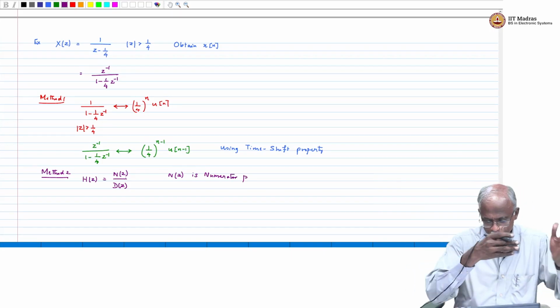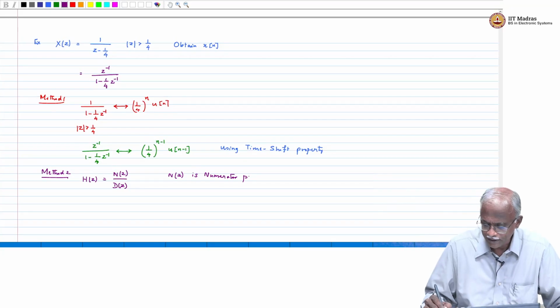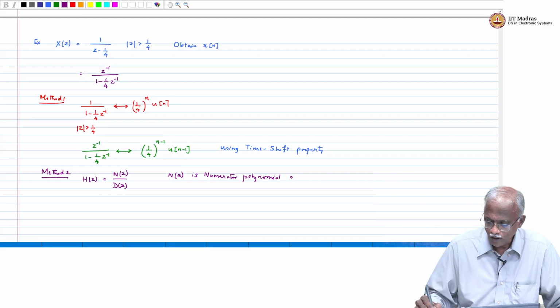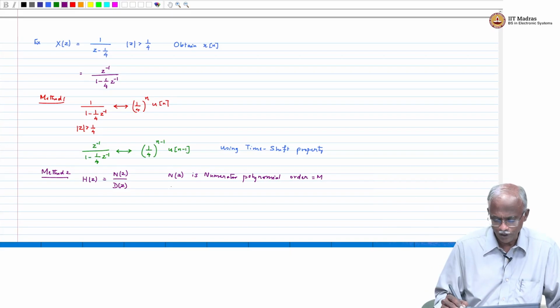Basically it's a function of z, so powers of z inverse will be there. Polynomial, we will say that the order is equal to m.